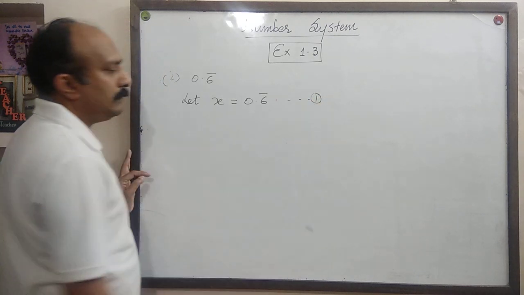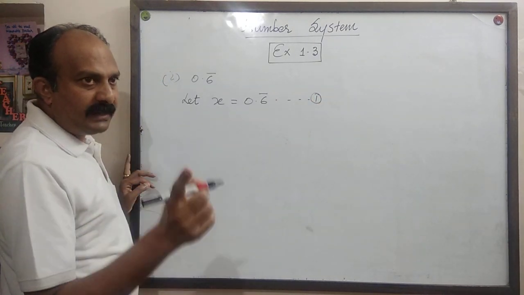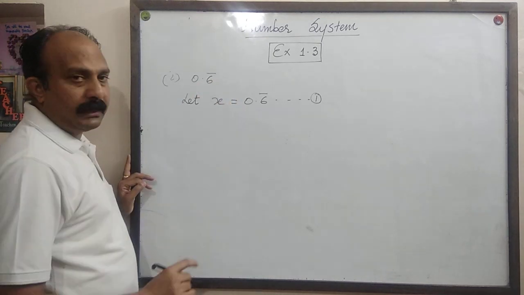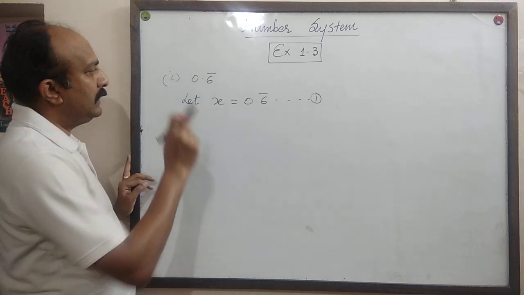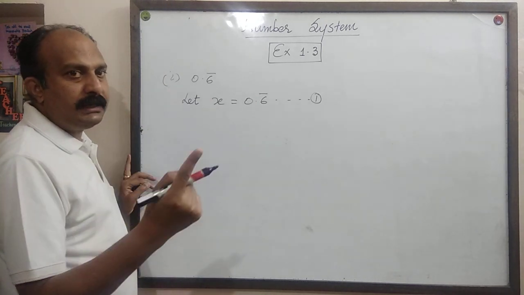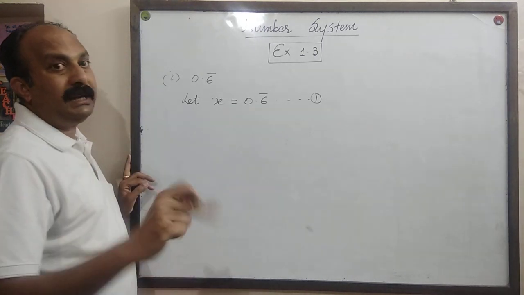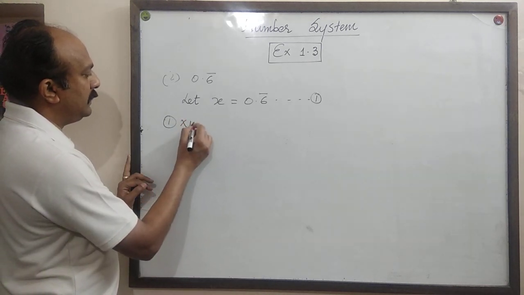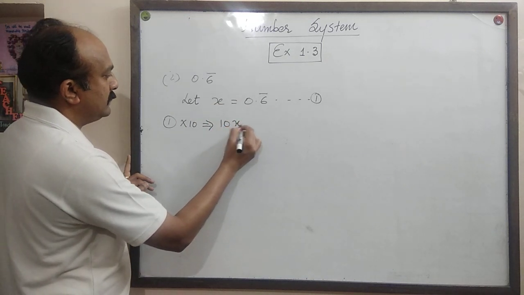Keep it as equation number 1. Second step, always see how many digits are under the bar sign. Here there is 1 digit under the bar sign. If there is 1 digit under the bar sign, multiply the whole equation by 10. So, equation 1 multiplied by 10 gives 10x.